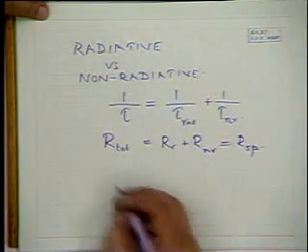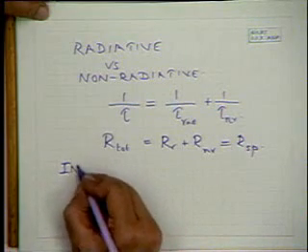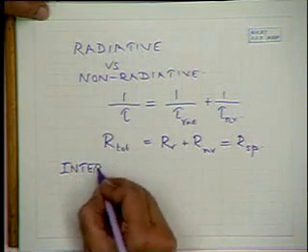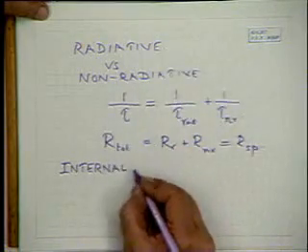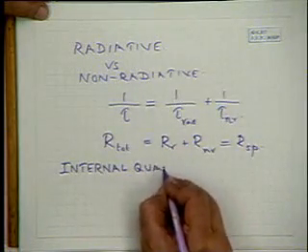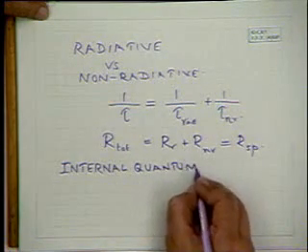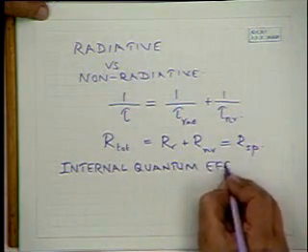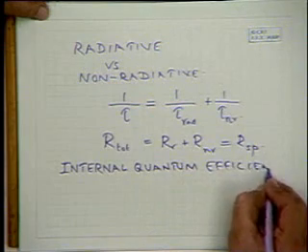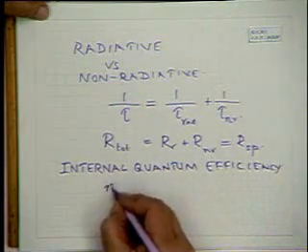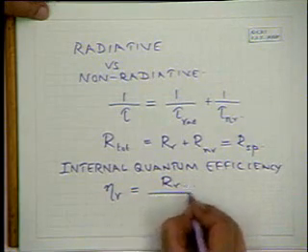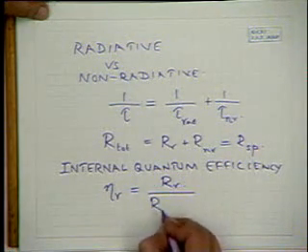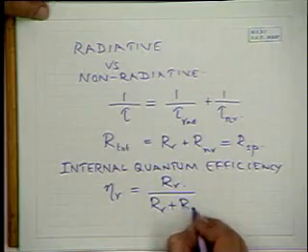Now, if you are interested in making devices, if you want to have radiative recombination prevail over non-radiative, we can define an internal quantum efficiency, eta R, which is R radiative over R radiative plus R non-radiative.